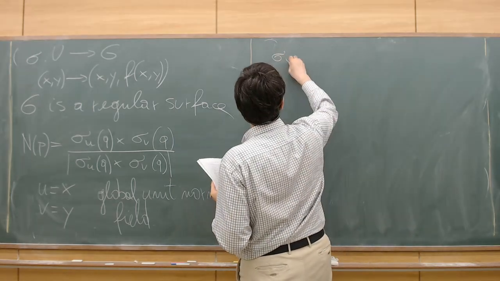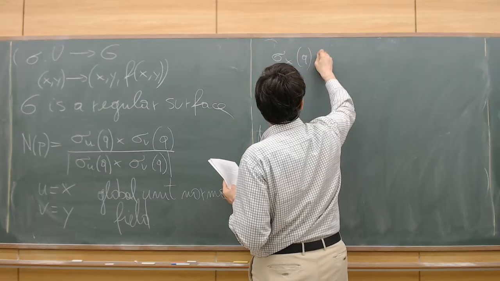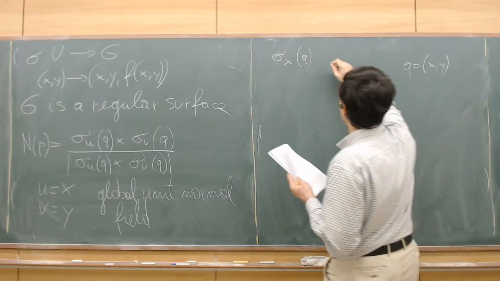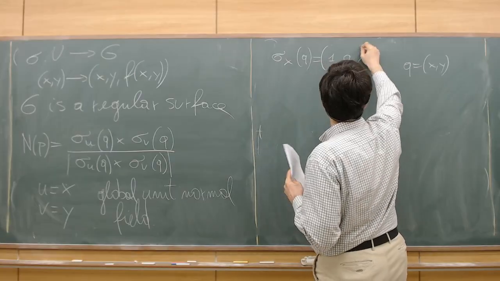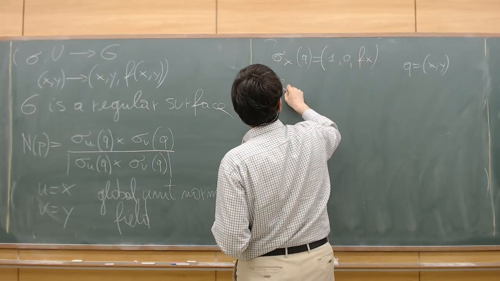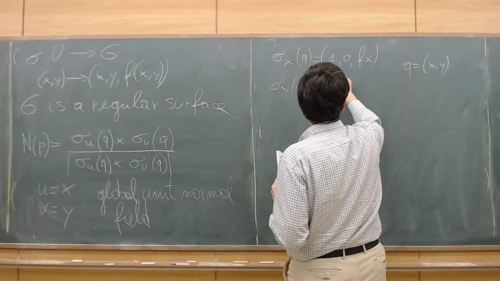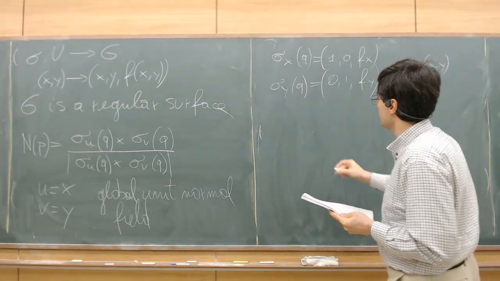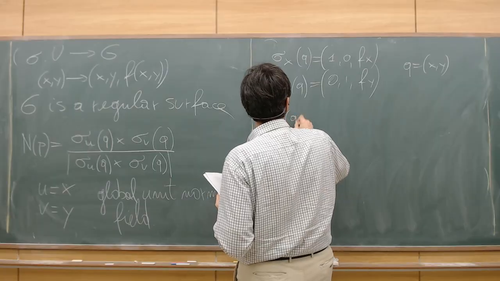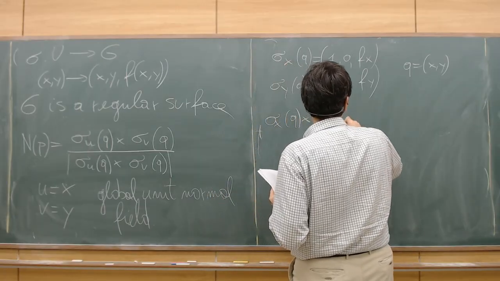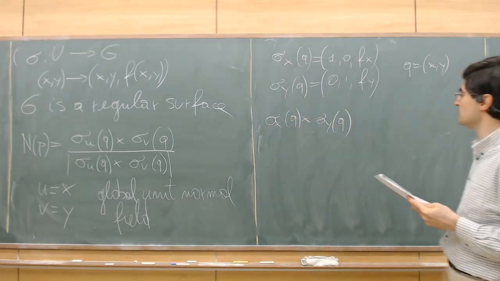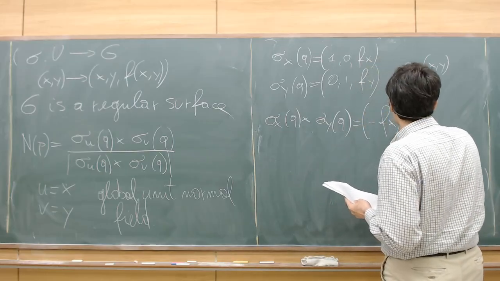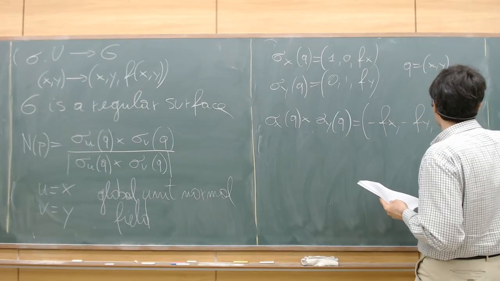So sigma x at q, with q given by x, y, is 1, 0, f x, sigma y at q is 0, 1, f y, and the cross product sigma x at q times sigma y at q is given by minus f x, minus f y, 1.